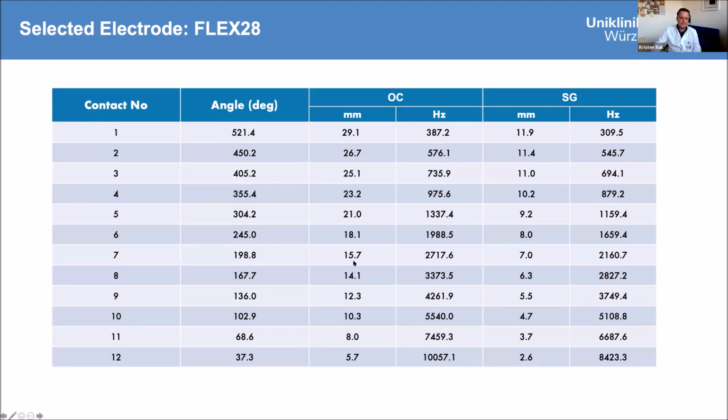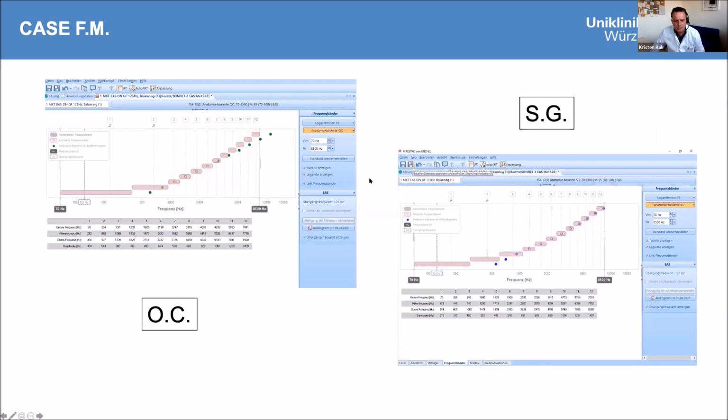Postoperatively, you then also get this frequency map, and here you can see that contact number 1 has been inserted a little bit deeper, 29.1 millimeters, with this frequency in hertz. And now it's also possible to enter this data in the Maestro fitting software. You can enter the data with the organ of Corti mathematical calculation, and also with the spiral ganglion calculation.